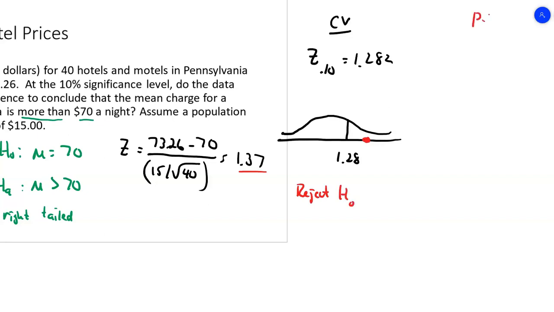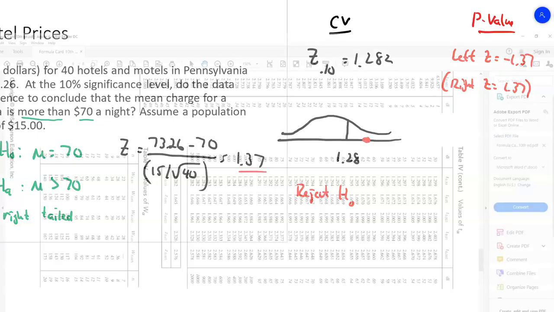How about p-value? I'm going to look to the left of z equals negative 1.37, because that's the same as the right of z equals positive 1.37, right? You can take the area to the left of positive 1.37 and subtract it from 1, but why?